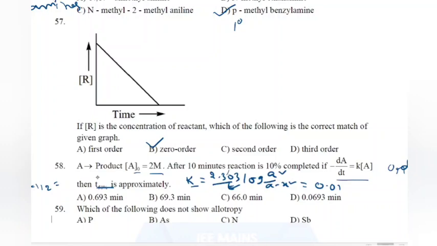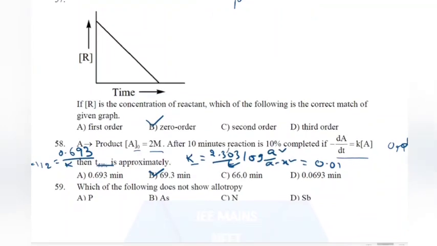So wait. So just bear with my handwriting, as it is the first time I'm using this pen tablet. So 0.693 by K. So by substituting the K value here, you will get the t 50%. It will be around 69.3 minutes.